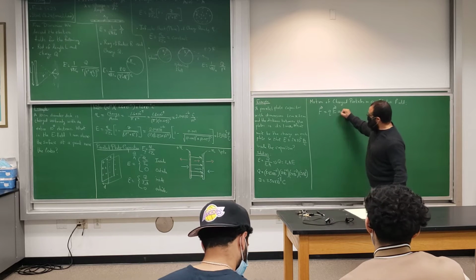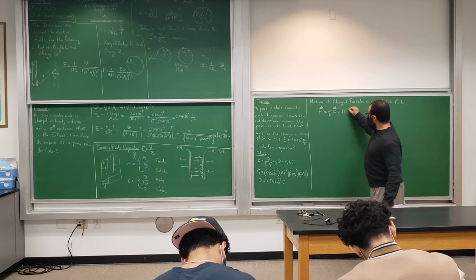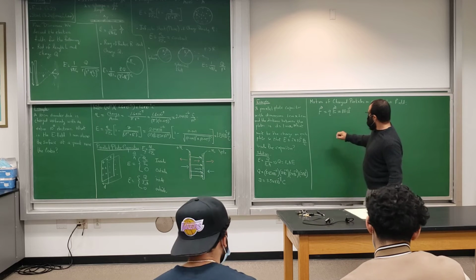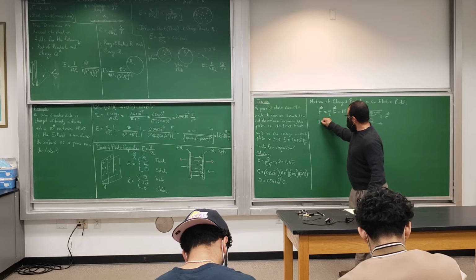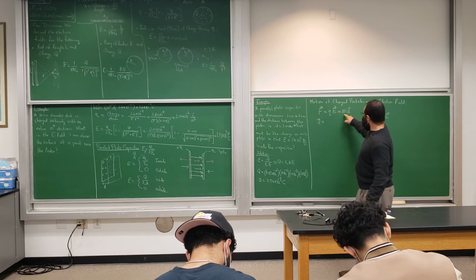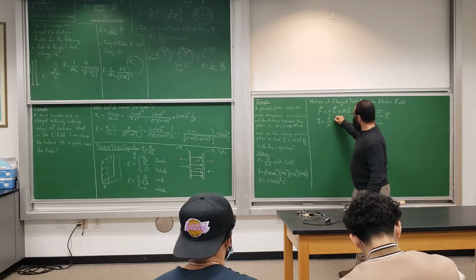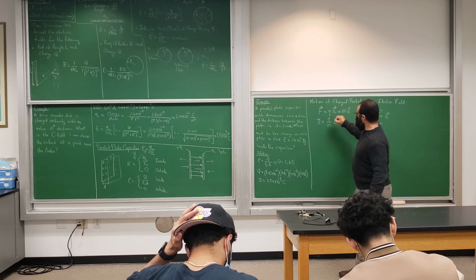And F equals to what? By Newton's second law? MA. MA, yeah. The mass times the acceleration. And so I would figure that the acceleration would equal to, divide both sides by the mass, so you get Q over M times the electric field.